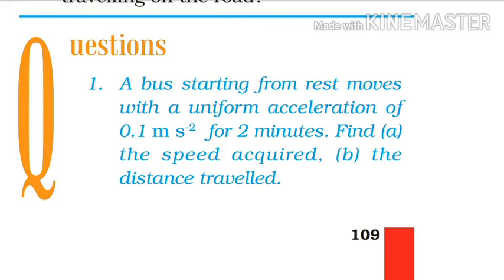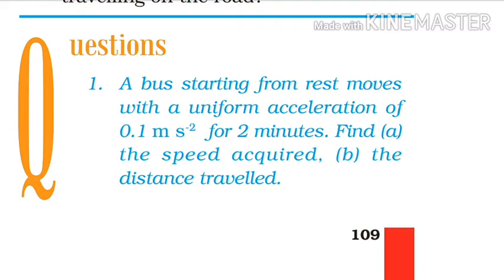So the speed acquired by the bus after 2 minutes will be v equal to u plus at, that is 0 plus 0.1 into 120, that is 12 meter per second.